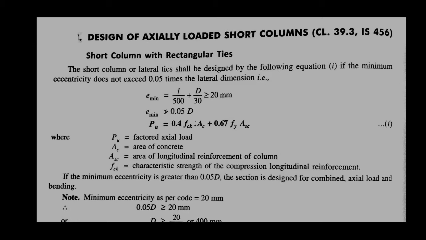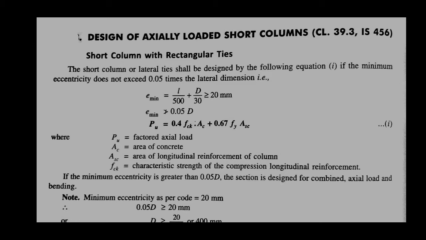As per clause number 25.4, this formulation is written here. After that, Pu equals 0.4 fck into Ac plus 0.67 fy into Asc, which we read just now in IS 456.